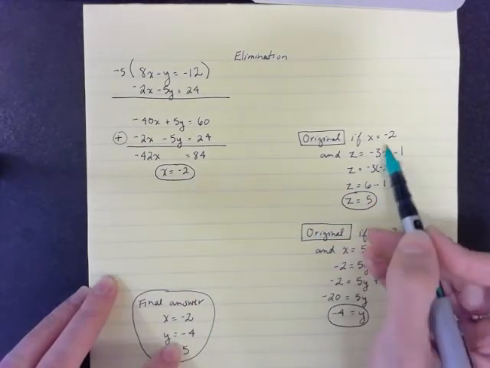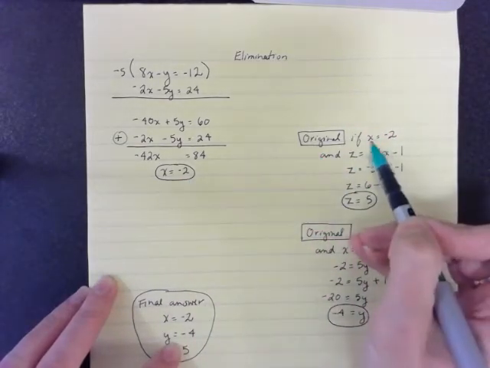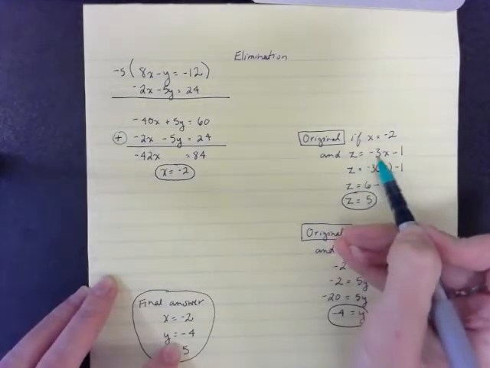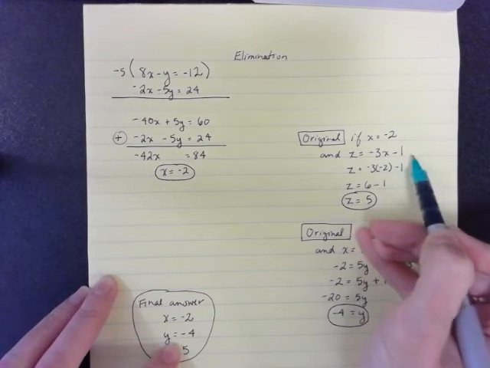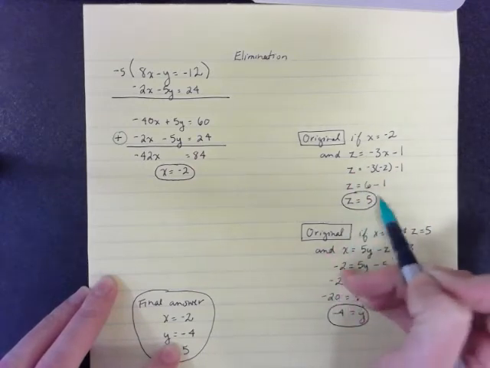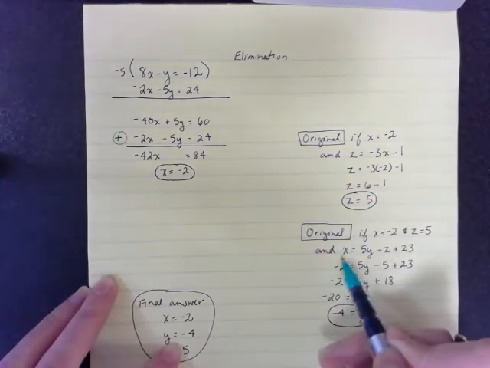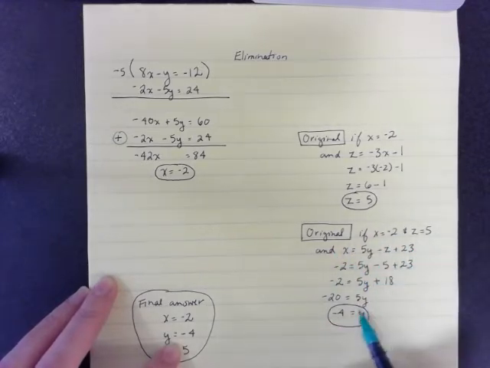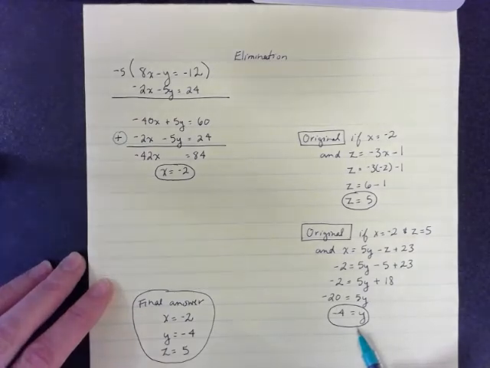Just like the very first one, I go back to the original. If x equals negative 2, and the original said z equals negative 3x plus negative 1, then I put the math in and I get z. Then again, I go back to the other original, I plug my x and my z in, and I'm going to get y equals negative 4 again.